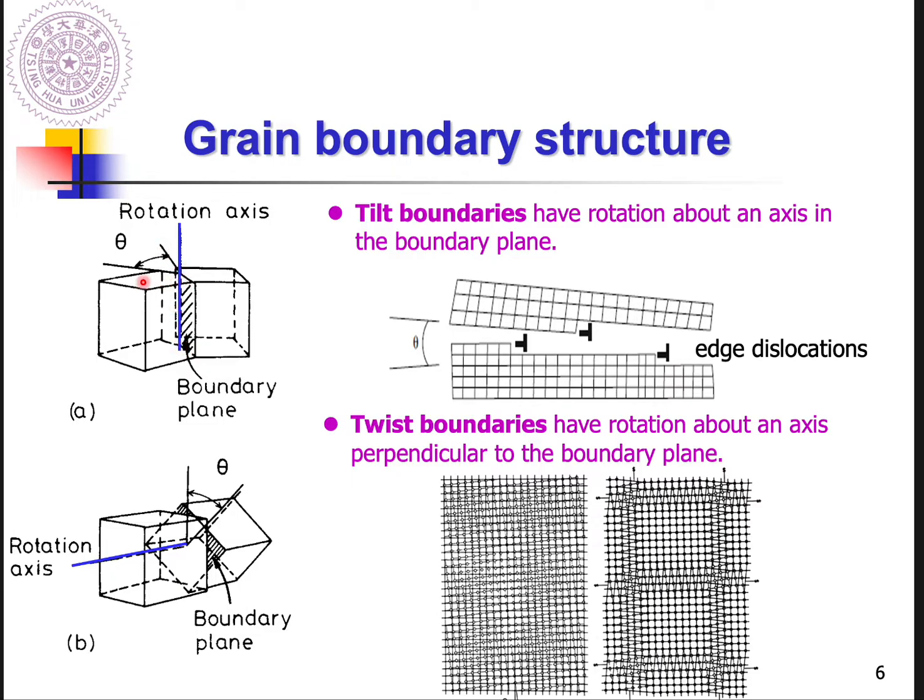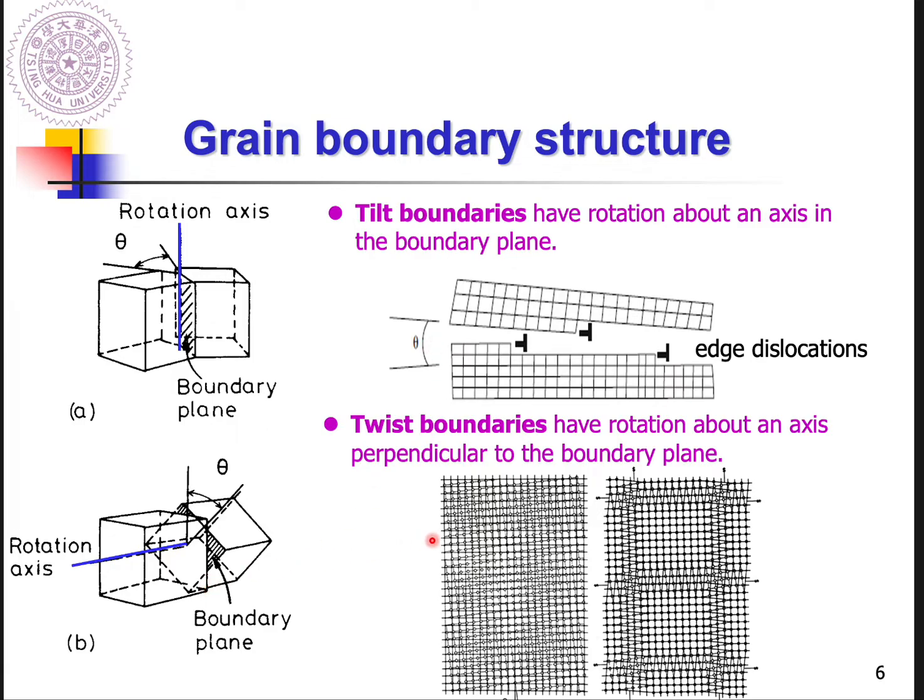You can observe the tilt angle theta here. As long as you have a large number of edge dislocations on this boundary plane, theta increases. So the density of edge dislocations on the boundary plane determines the tilt angle.